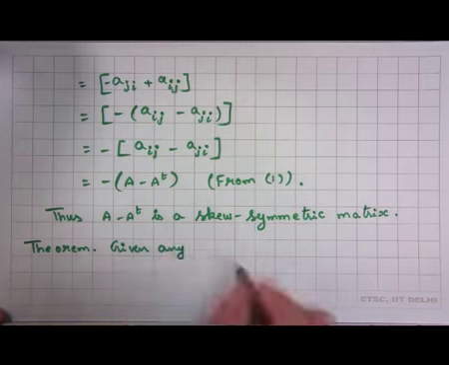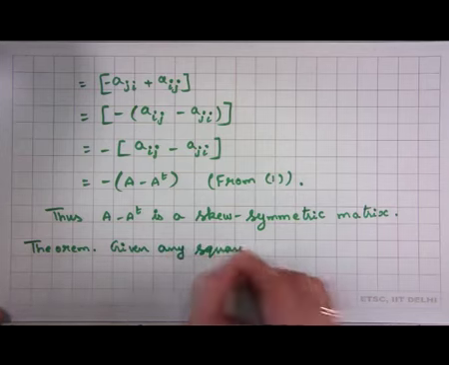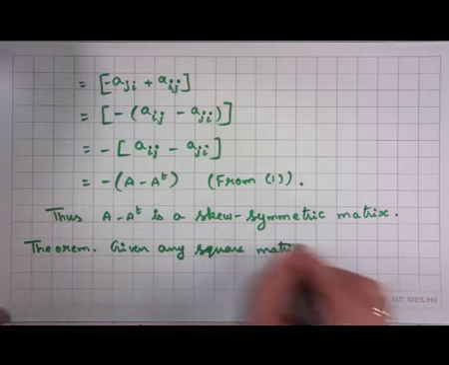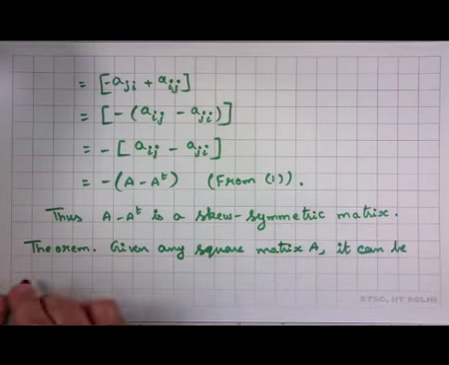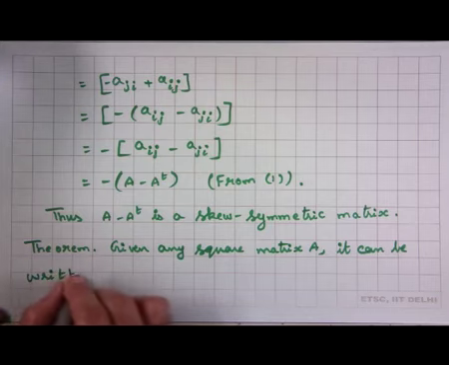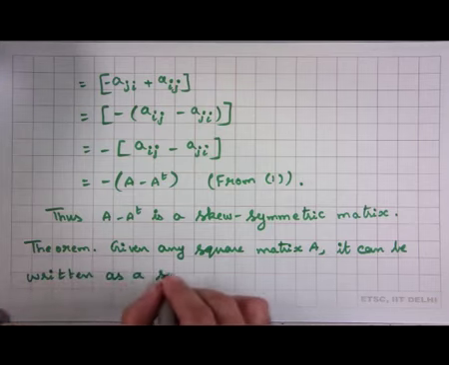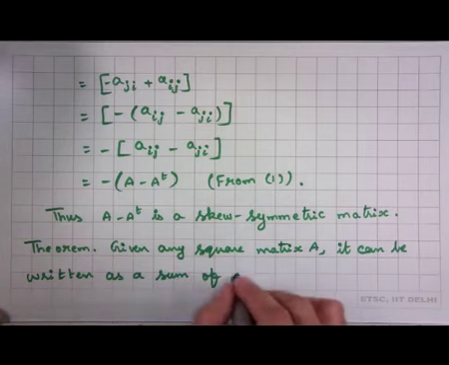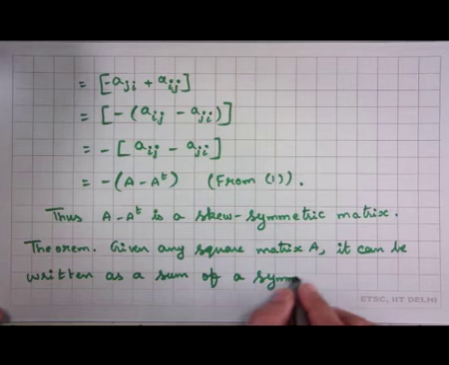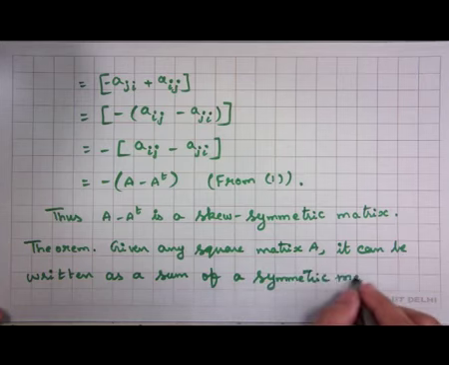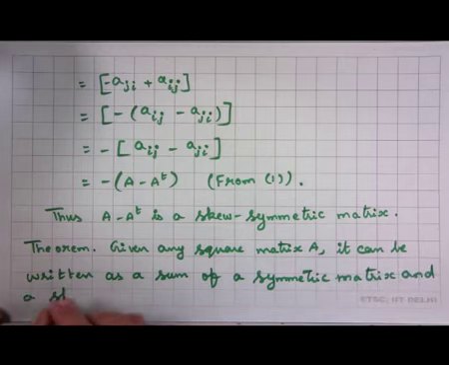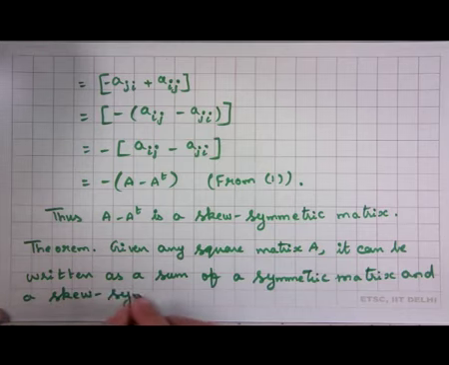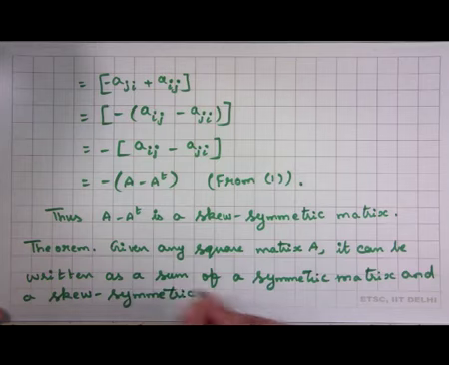Given any square matrix A, it can be written as a sum of a symmetric matrix and a skew symmetric matrix, right.